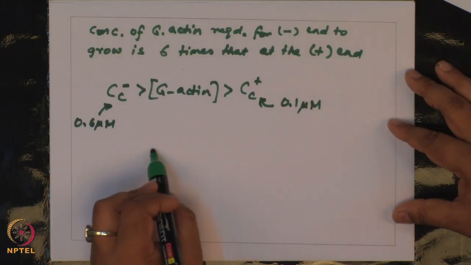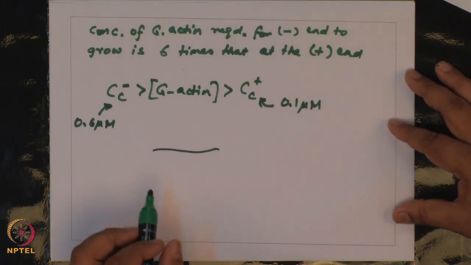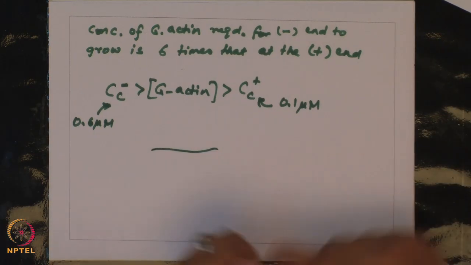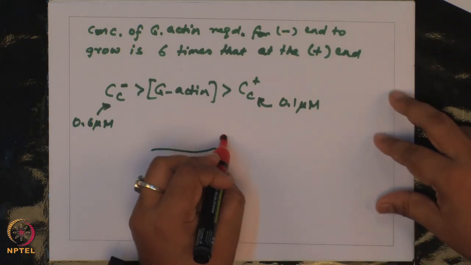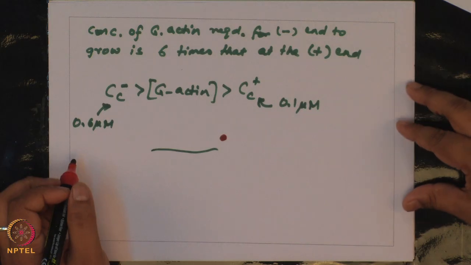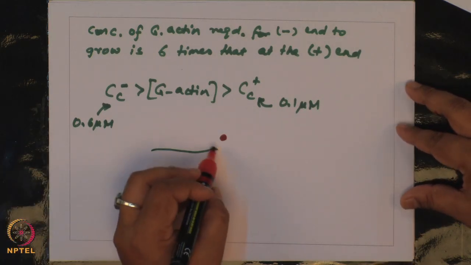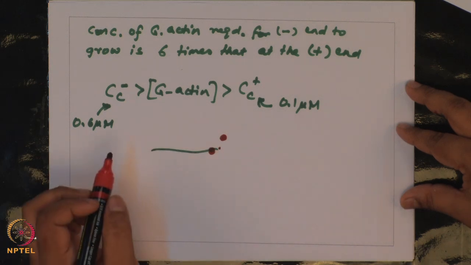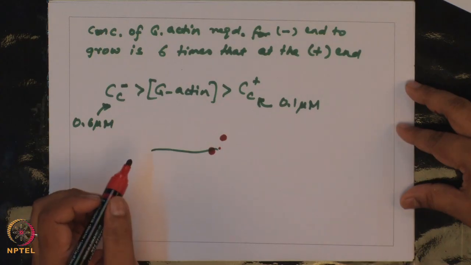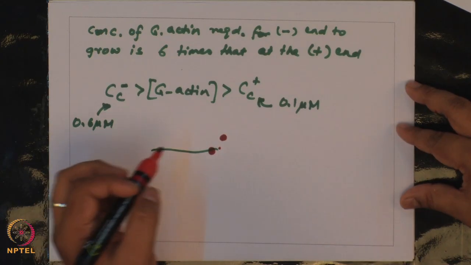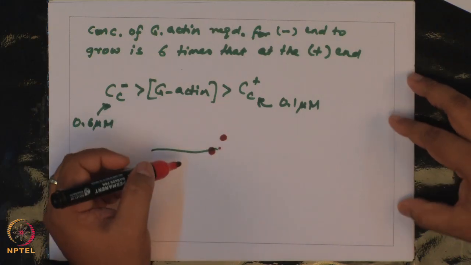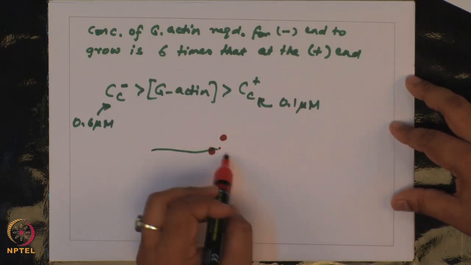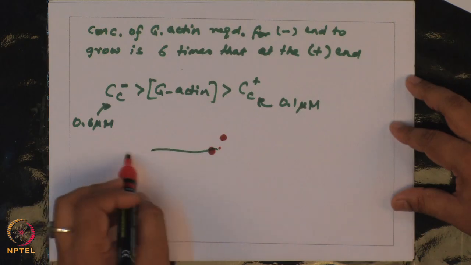You have an existing filament, and let us say you tagged one of your monomers red. This monomer will get added to the filament, because at this concentration the filament will grow at a much faster rate at the plus end compared to the minus end.